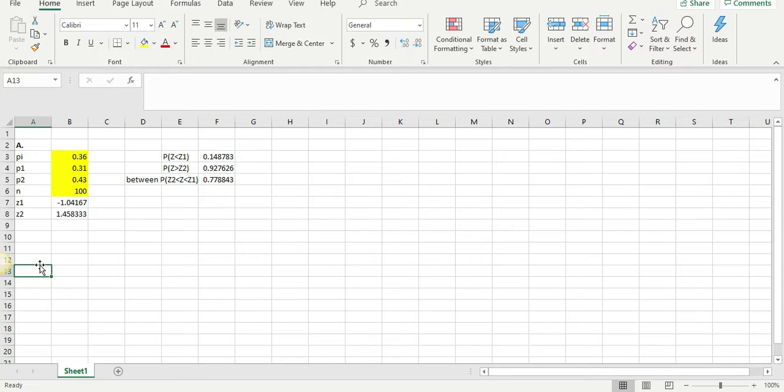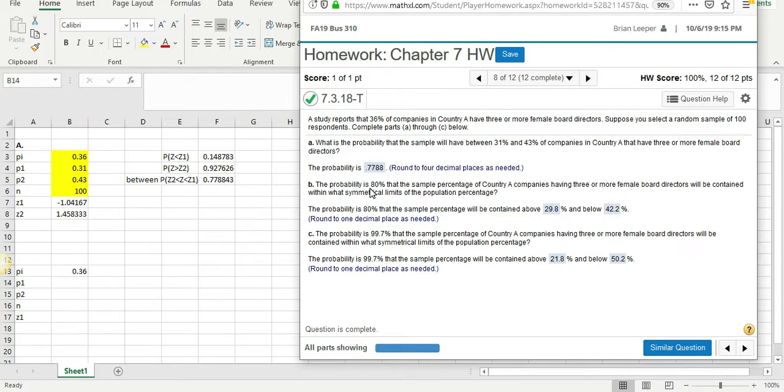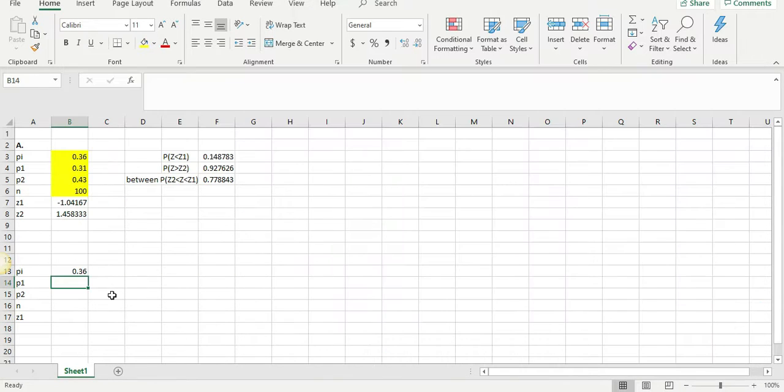So for B, we need pi, P1, and P2, which we're going to create from P1. Pi is equal to the same thing, it's the same problem, so we'll just reference above. P1 is given. In this case it's 80%, so it's going to be 0.8.